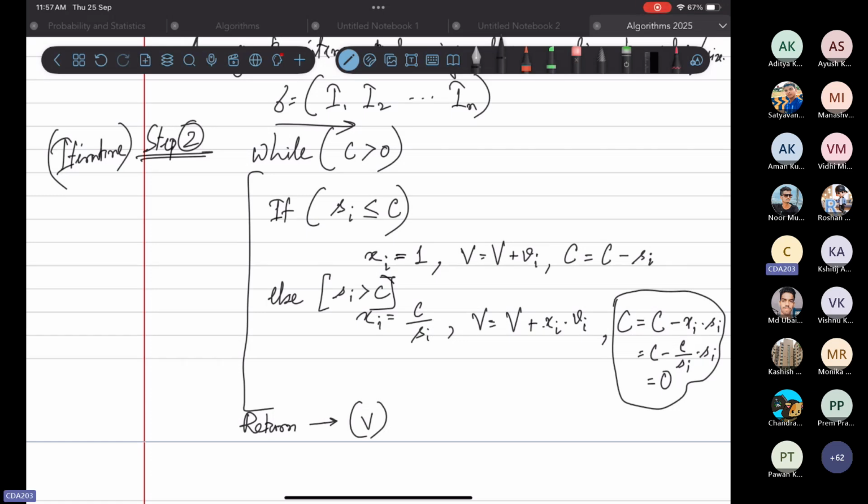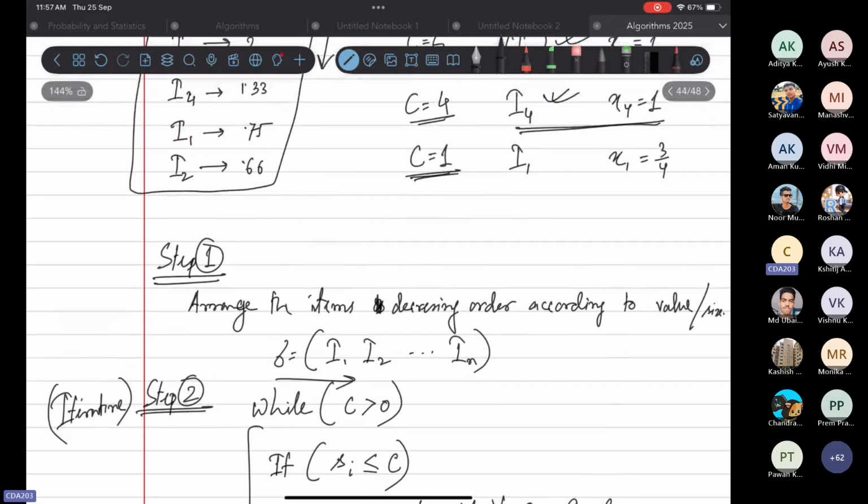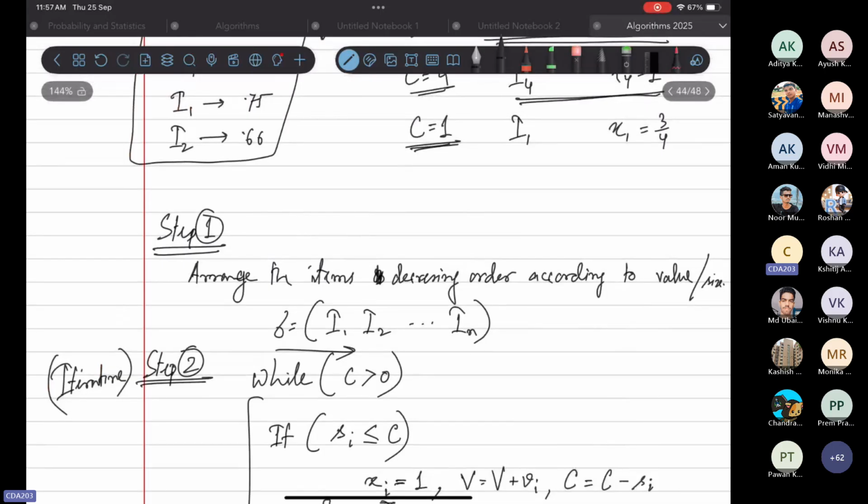Any question? Okay. So let me put one question. This vector, whatever you get as a solution, can you tell me how does this vector look like?